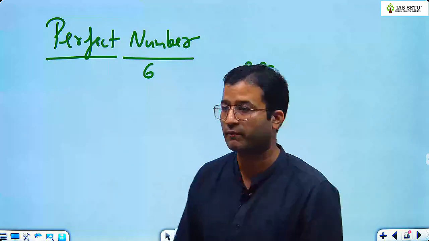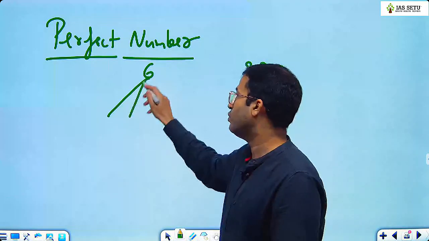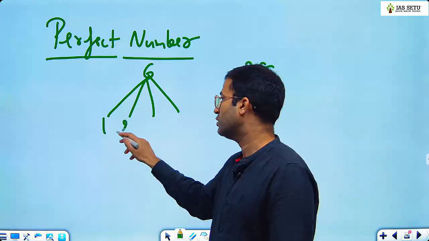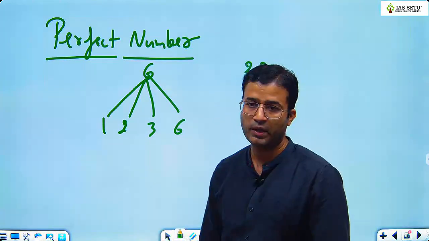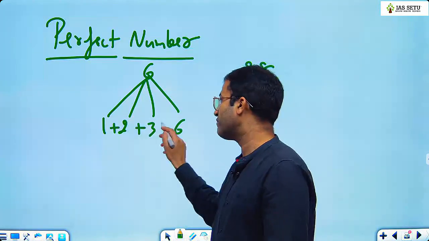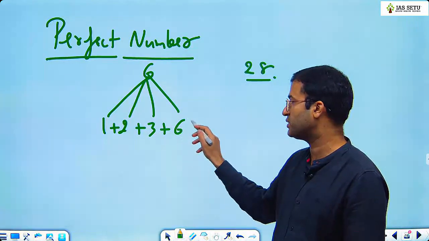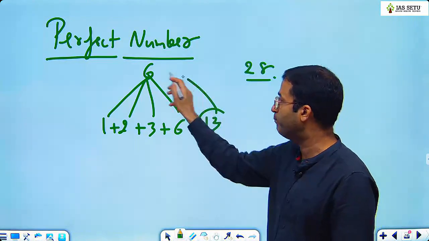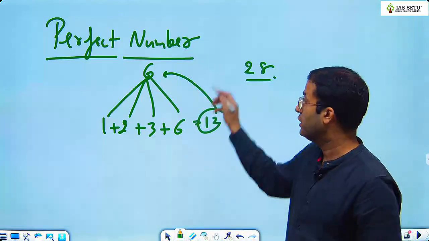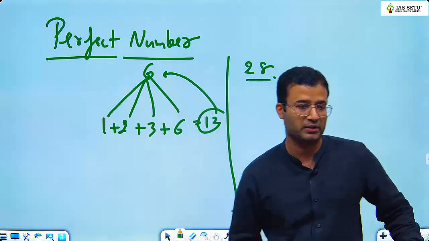First I explain. When you take factors of this 6, you get 1, 2, 3, 6. And when you take sum of the factors of any number, like 1 plus 2 is 3, 3 plus 3 is 6, plus 6 is 12, if it is double as compared to the number, then that is known as perfect number.